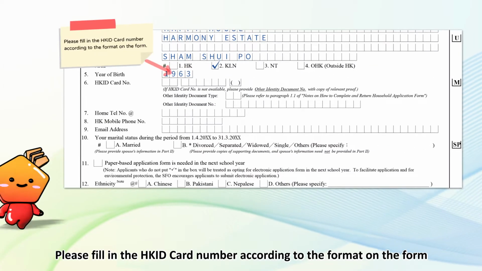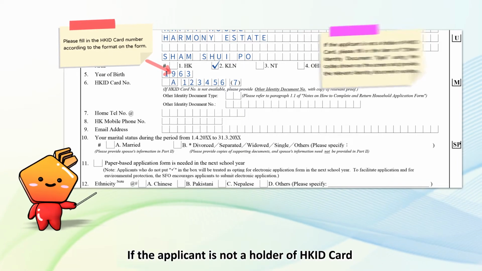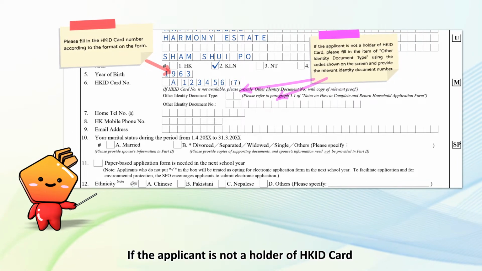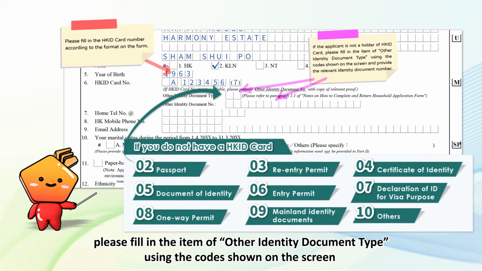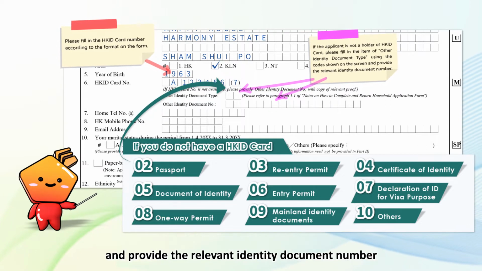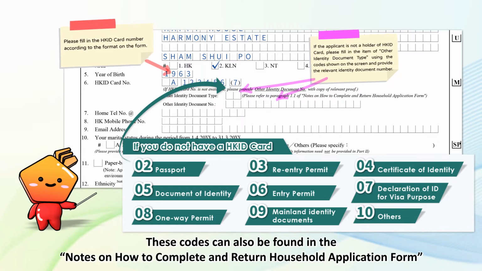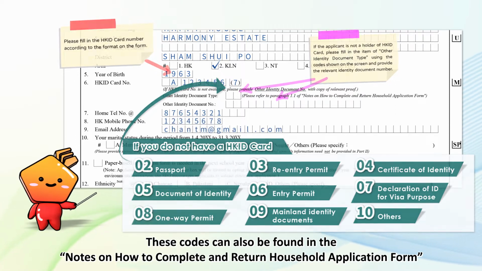Please fill in the Hong Kong ID card number according to the format on the form. If the applicant is not a holder of Hong Kong ID card, please fill in the item of other identity document type using the codes shown on the screen and provide the relevant identity document number. These codes can also be found in the Notes on How to Complete and Return Household Application Form.